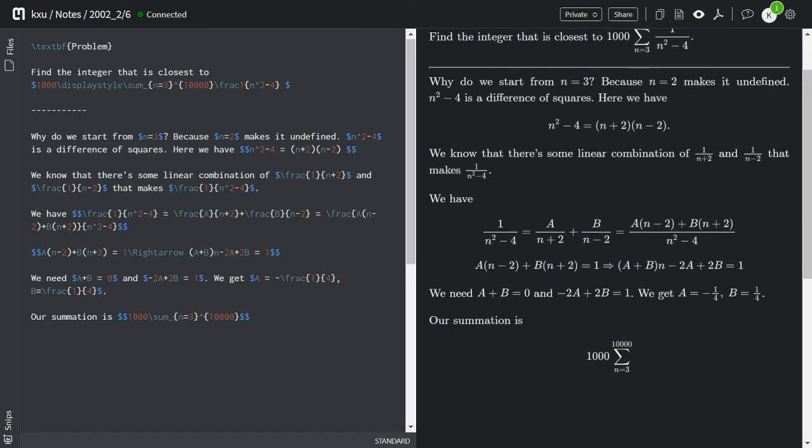This will be negative 1/4 of 1 over n plus 2 and 1 over 4, 1 over n minus 2. And yes, we can definitely bring this 1/4 outside. So we are left with this. And this becomes 250.